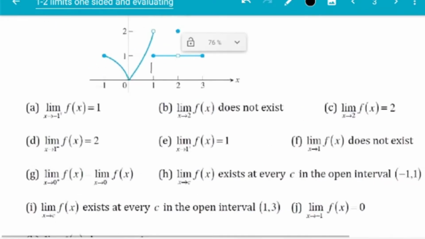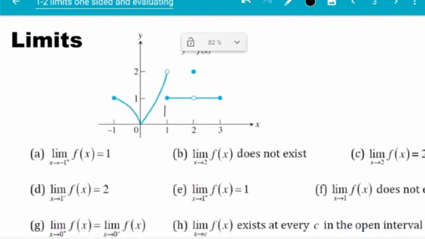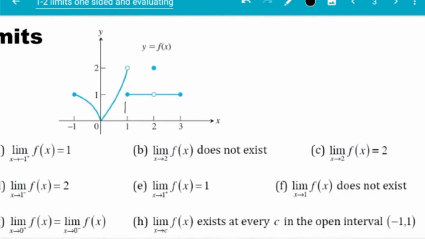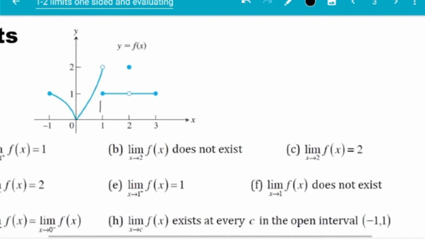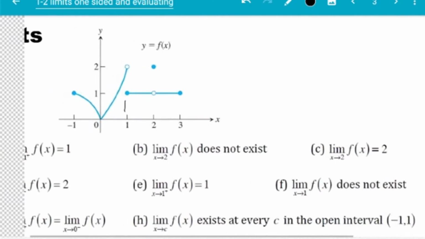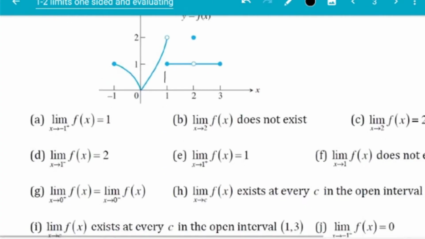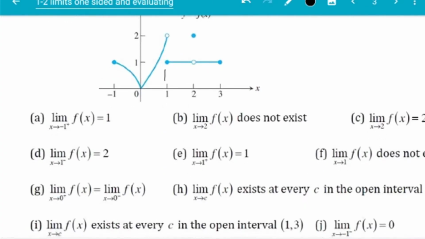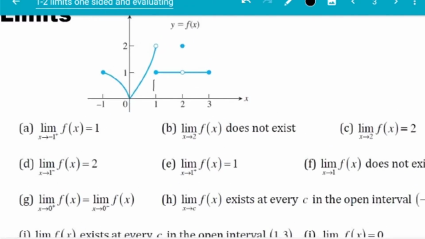So again, going over the answers. Number 1 is true. Number 2 is true. Number 3 is false. Sorry, I'm saying numbers, but yeah. Number 4 is one from the left is true. D is true. E is true.